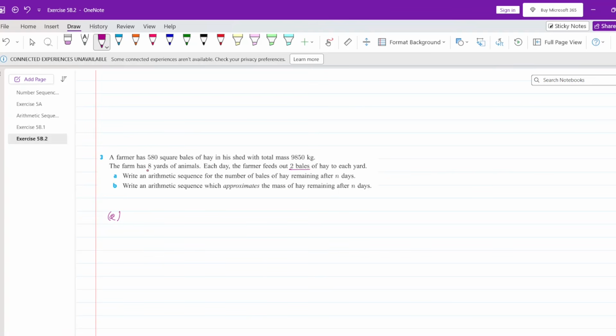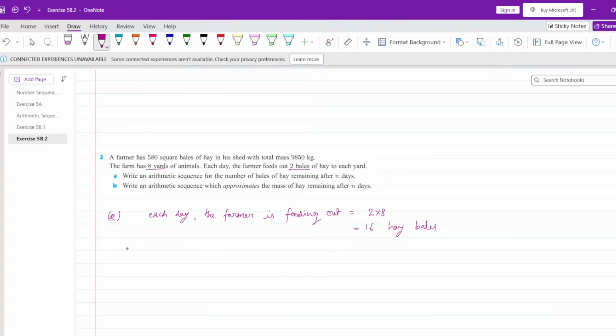So, each day, can we say the farmer is feeding out 8 times 2 bales of hay? Each day the farmer is feeding out 2 times 8, that is 16 hay bales.